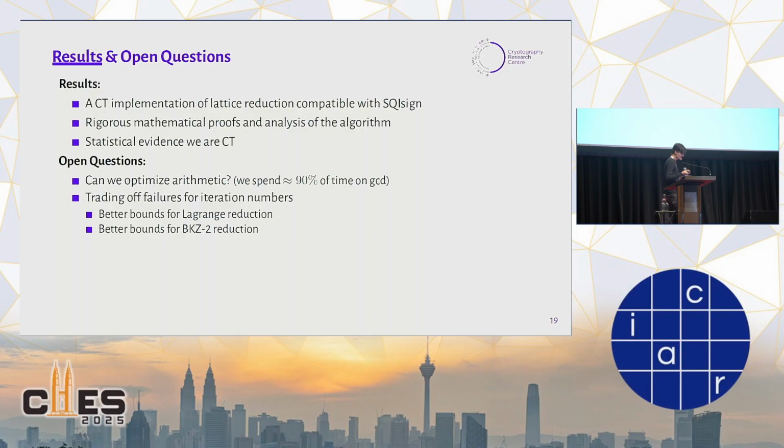Also, we'd like to trade off failures for iteration numbers, because we wouldn't like to run as many BKZ tours and as many Lagrange reduction swaps. Maybe we can lower these numbers and find certain trade-offs, so maybe we fail with some probability, but we are actually faster.